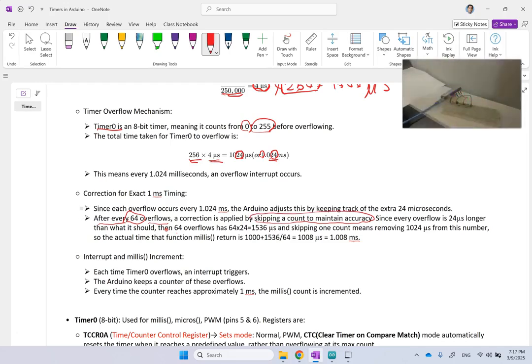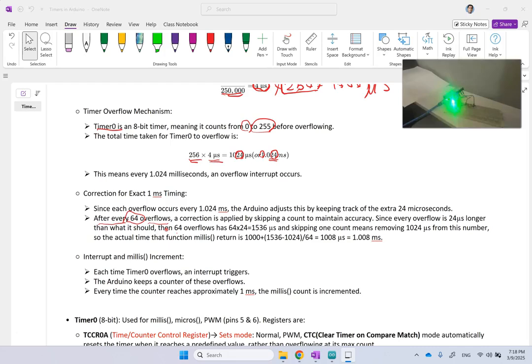Okay, so you let it overflow for 64 times. The 65th time, you don't count that. So what happens is 64 overflows, each time 24 extra microseconds. That means 1536 microseconds extra.